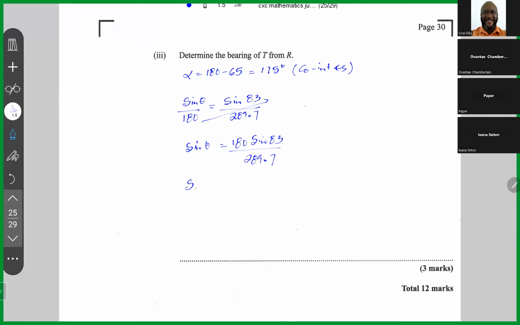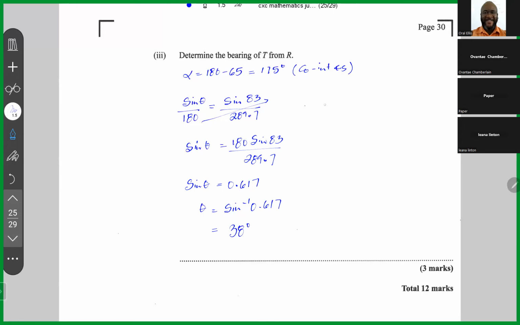Work that out, I get sine theta to 3 decimal places is 0.617. If I know the sine of an angle and I want to find the angle, I'm going to use sine inverse. So it's sine inverse 0.617. This is equal to 38 degrees.